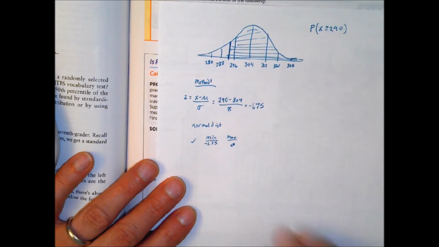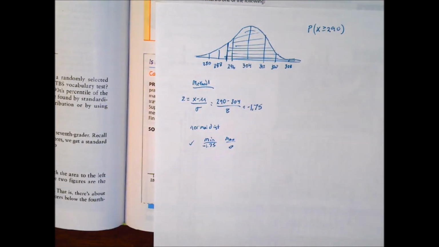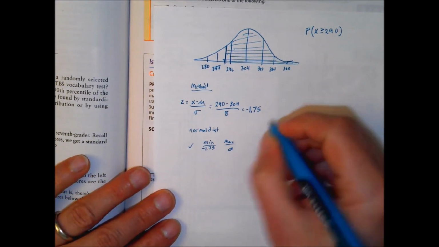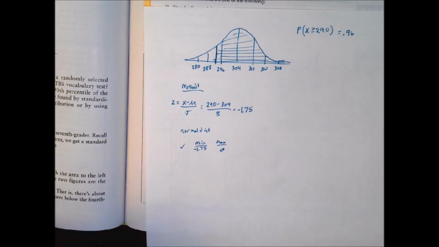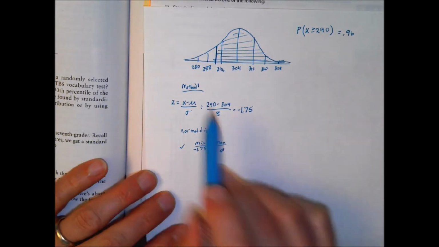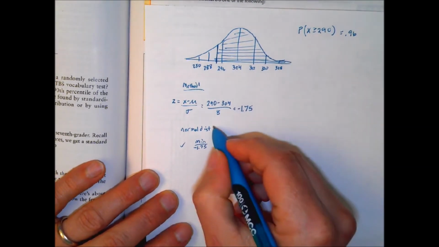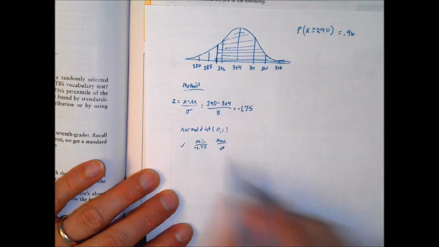Let me pause this and put it on Desmos and see. It would give us 0.96. So that's one way to find it. Convert it into a z-score, and then just use the normal distribution. Don't change anything here. Use that 0 and 1 in Desmos, and find your min and max.